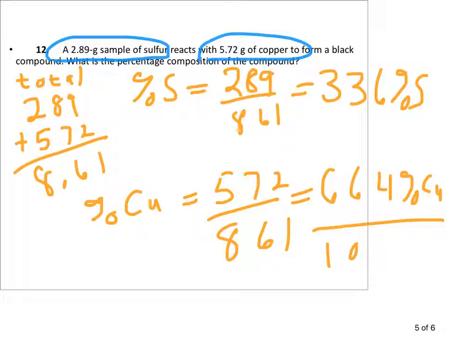Add these up, we get 100 again. Now you don't always have to come up with exactly 100, but it should be very, very close, like 99.9 or 100.1. Those things will happen due to rounding errors.